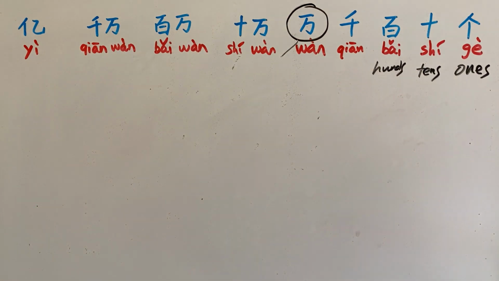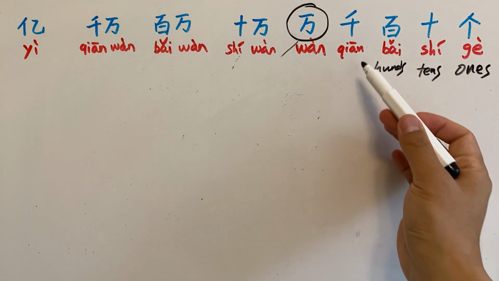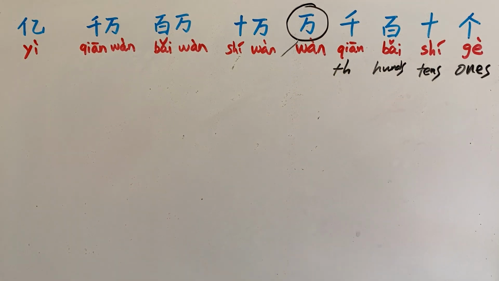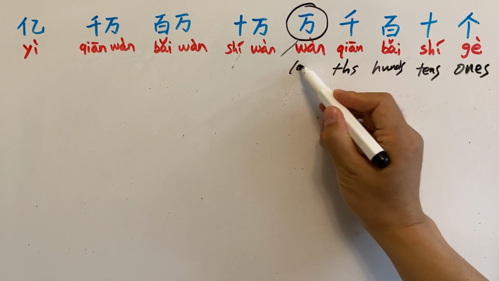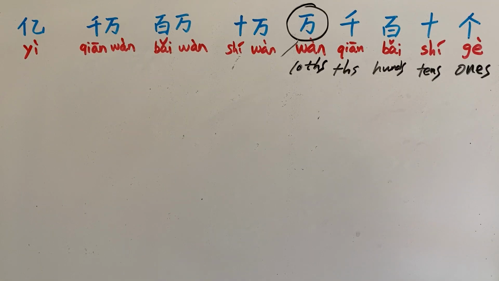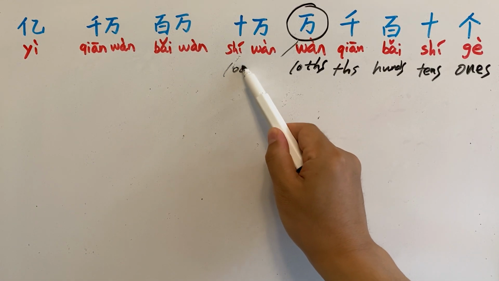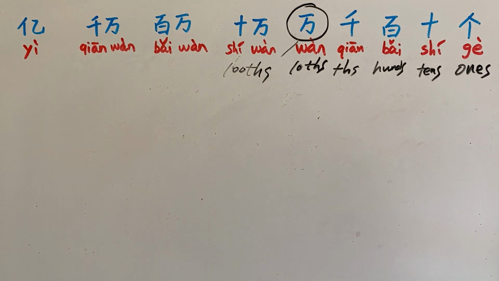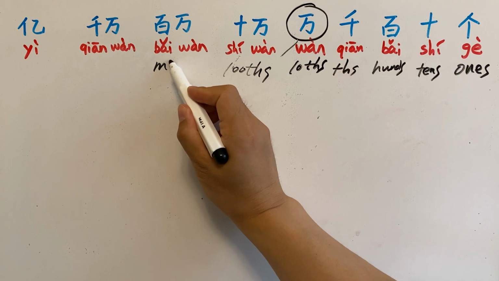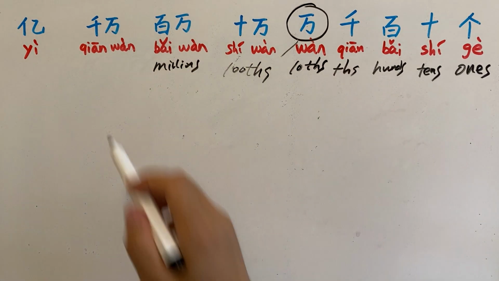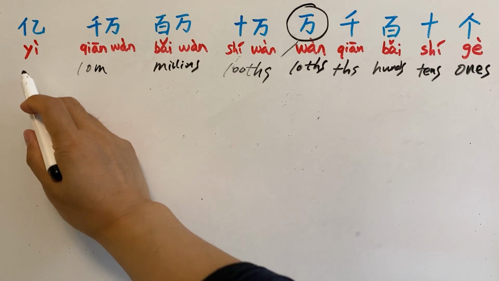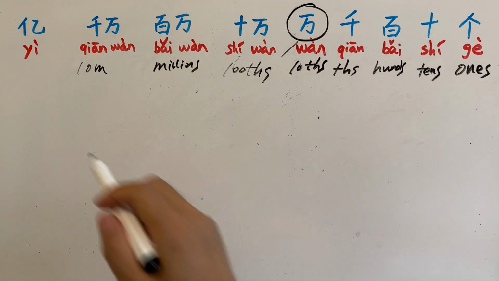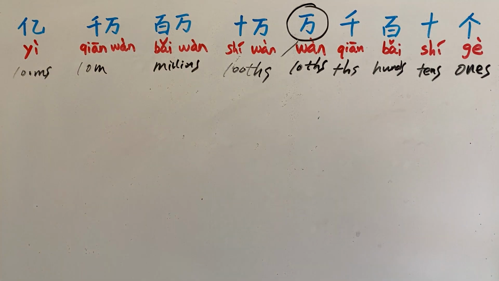I'll just write hundreds, and 千, thousands, and 万 is 10,000s, and 十万, 100,000s, and 百万, millions, 千万, 10 millions. 亿 is 100 millions.